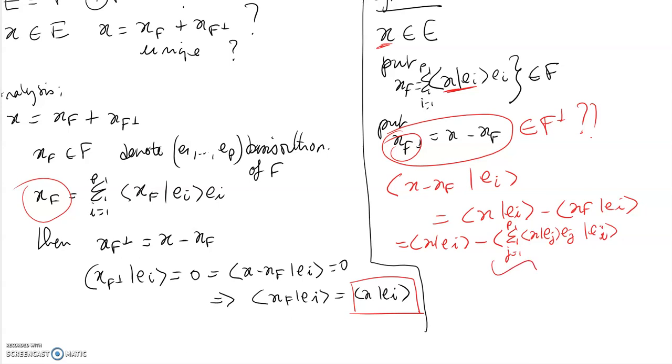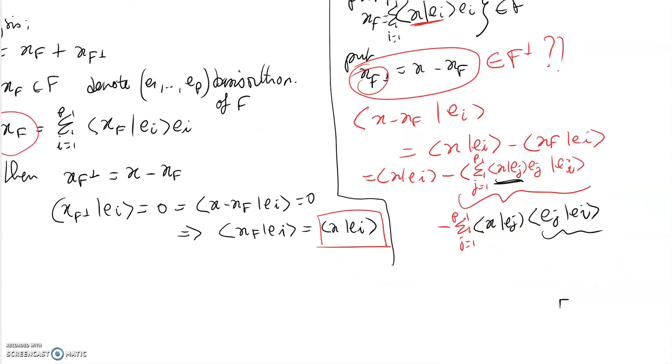Okay, so now if I expand this by linearity, so that's minus the sum, J is equal to 1 to P. The scalar product inside here, this one, that's a real number, so I can put it out by linearity, that's XEJ, and then I've got EJ, EI. Okay, but as this is supposed to be an orthonormal basis, that is going to be equal to 0 if I is different from J. Okay, so in the end, what do we get?